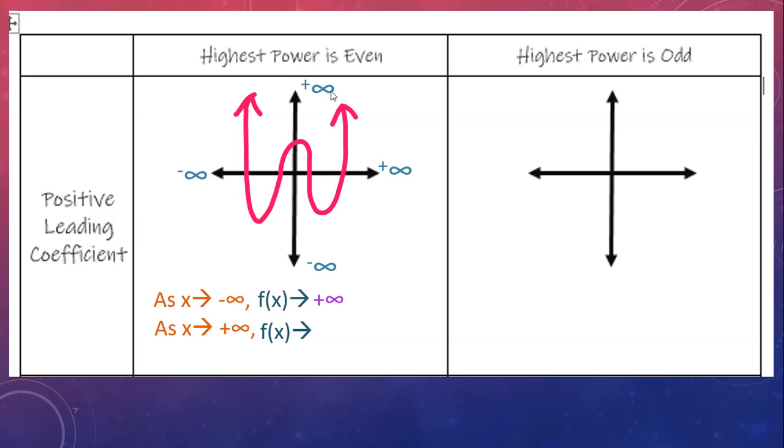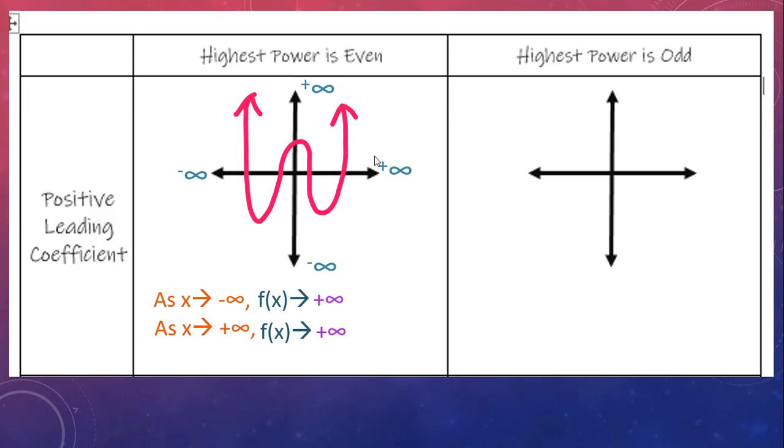So f of x goes to positive infinity. That's it. Like I said, we usually talk about as x goes towards negative infinity first, because that's to the left, and then as x goes to positive infinity second, because that's when x goes to the right.